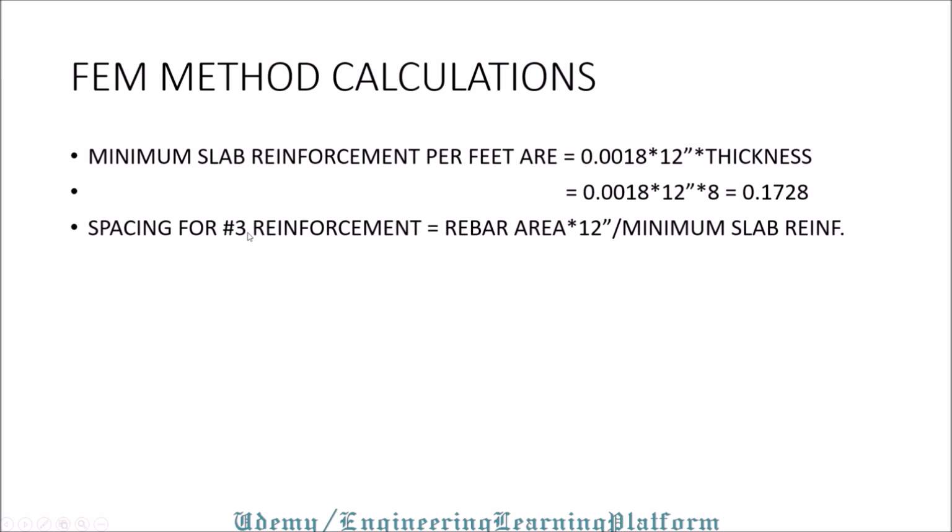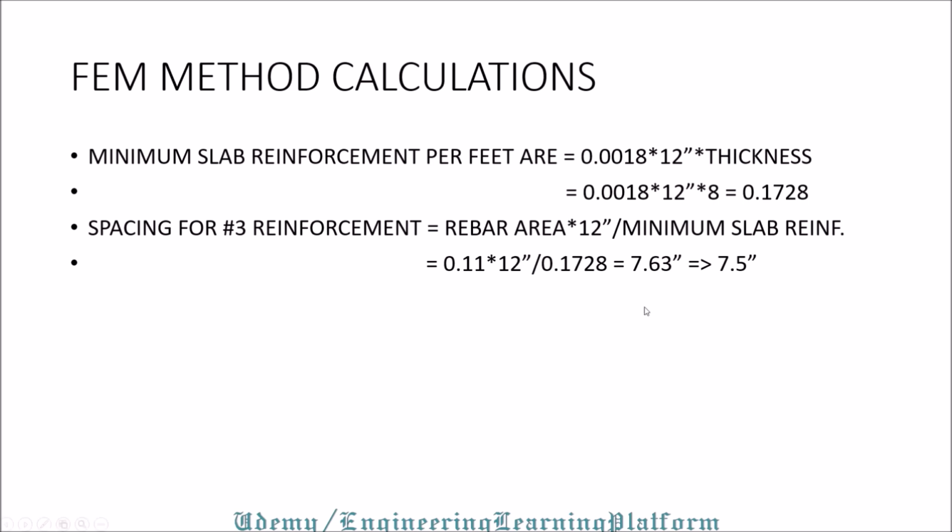Spacing for number 3 reinforcement, or you can say dia 10 reinforcement, is equal to rebar area into 12 inches divided by minimum slab reinforcement. The rebar area is your choice, whatever you are using. For example, I'll be using number 3 bar.